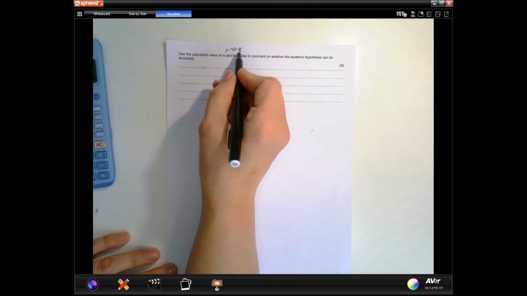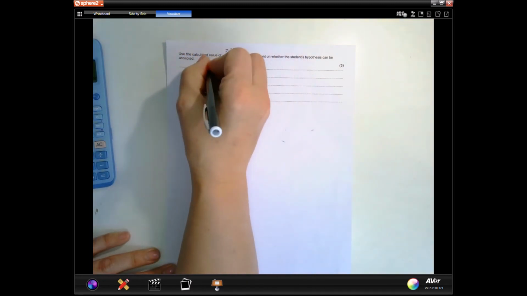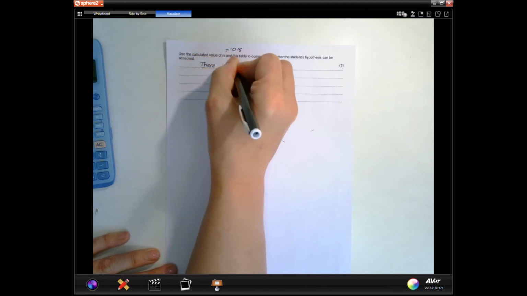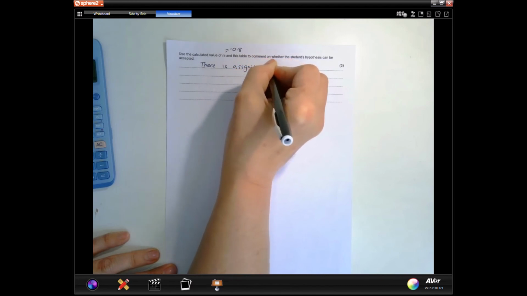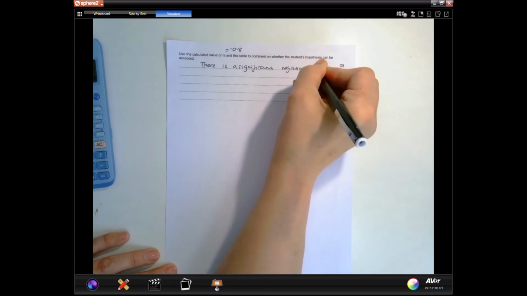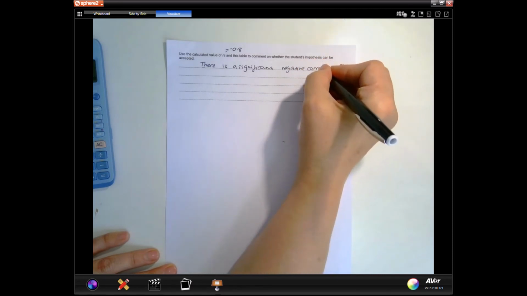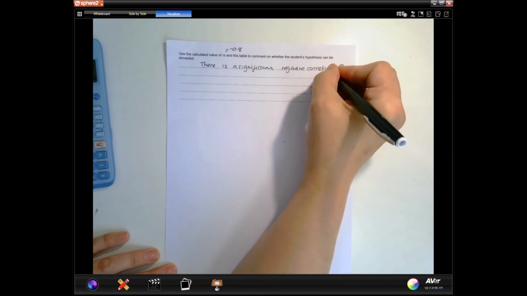It is greater than our critical value, so yes, we are going to accept it. There is a significant negative correlation between the distance up the shore and the size of the limpet.